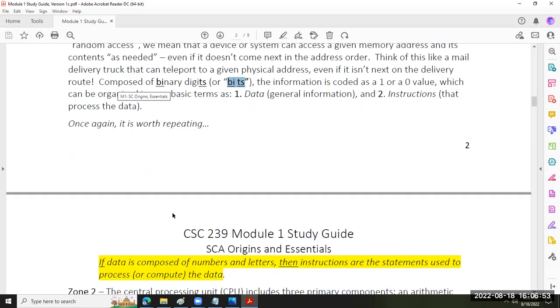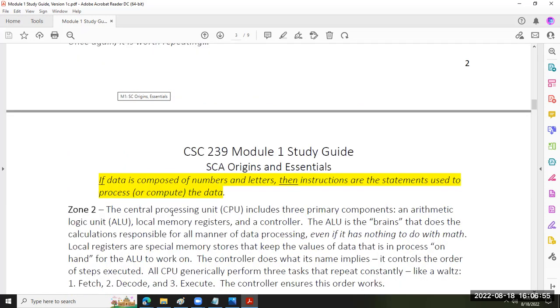But the relationship between the instructions, the calculations or actions performed on the data, those are represented with ones and zeros, and the data itself is also composed of ones and zeros.